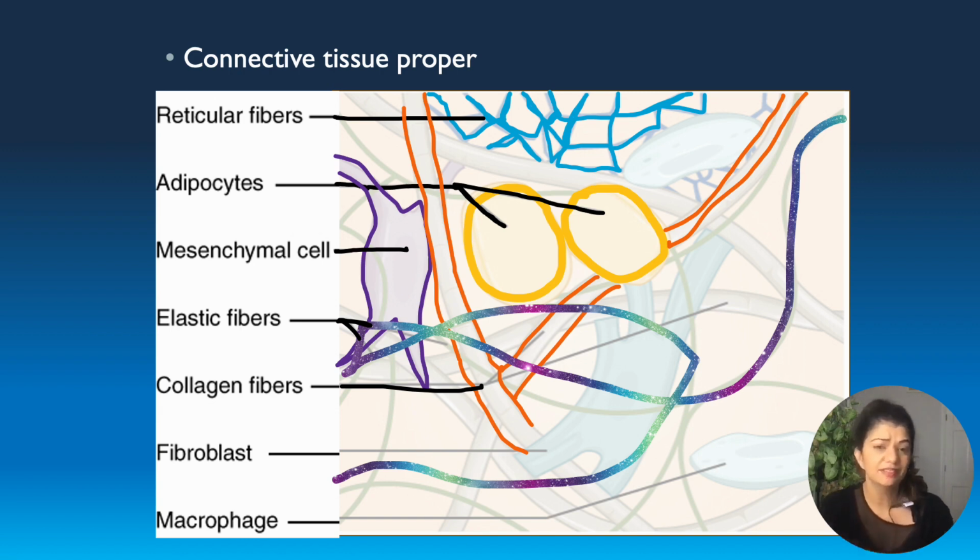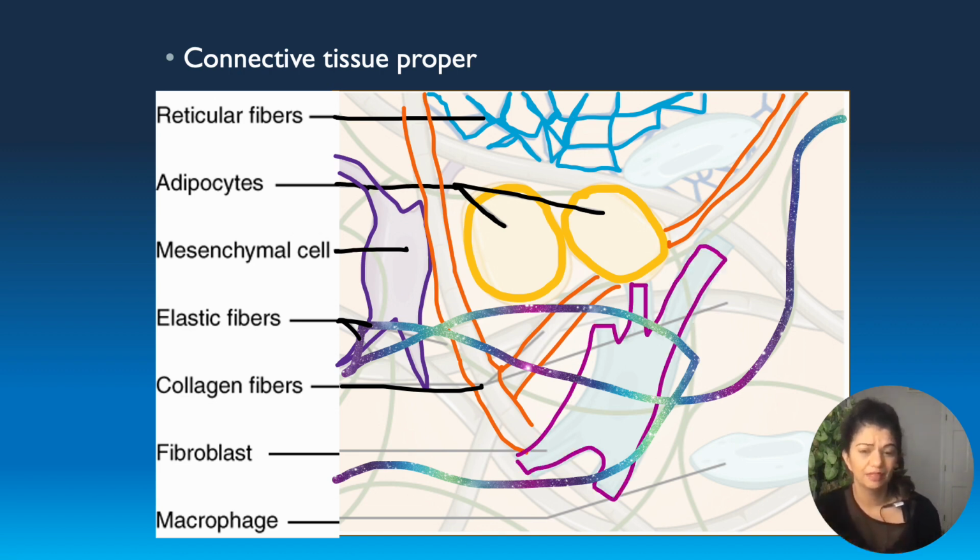Fibroblasts are cells that produce or secrete proteins that make up fibers in the extracellular matrix, and specialized types of connective tissue have specific names for their fibroblasts. For example, in bone, they're going to be called osteoblasts. In cartilage, they're called chondroblasts. So those are some examples of how it's going to look a little different.